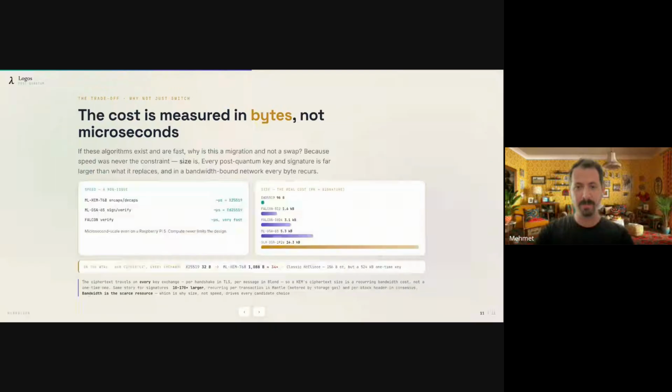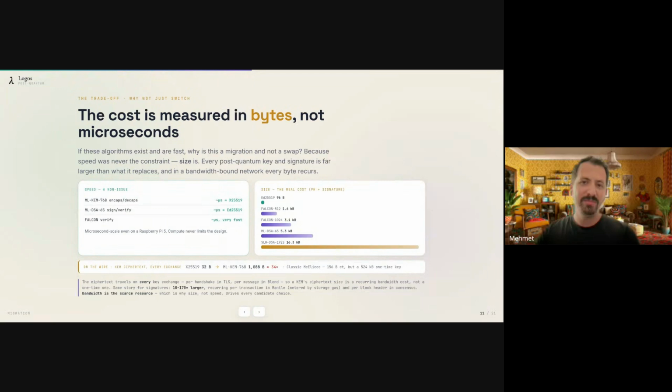But there is always a trade-off in this world. If there are some algorithms, so let's start to change them and everything is fine? Unfortunately not.